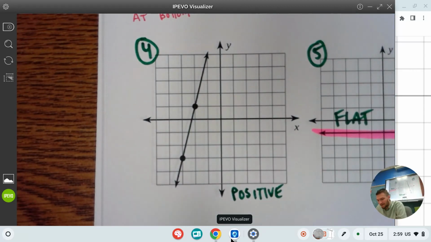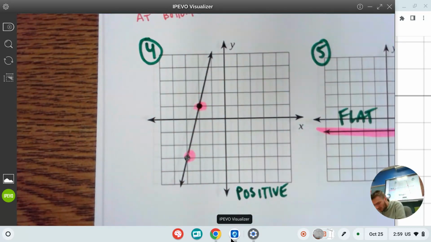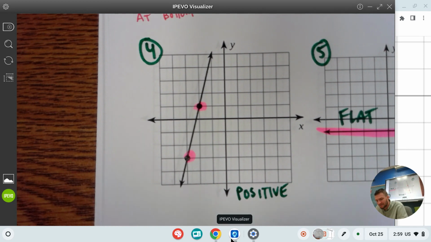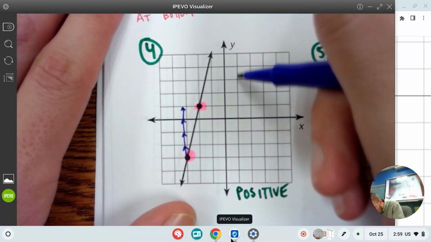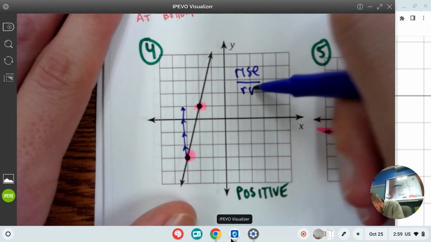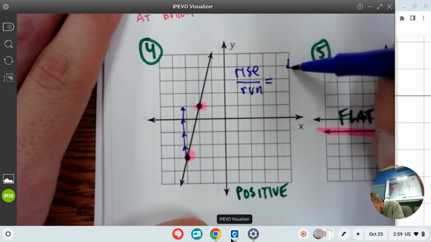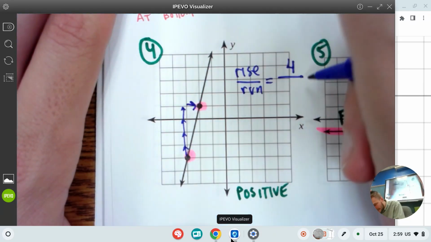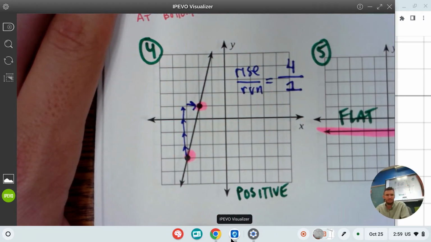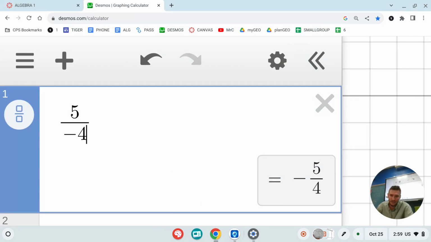Number 4, find your 2 dots. I always like to start at the bottom dot. So how much do I have to go up? 2, 3, 4. I agree with you. Rise over run. The top is 4. The rise is 4. How much do I have to run? 1. Only 1. Is that a positive one or a negative one? Positive. I go to Desmos.